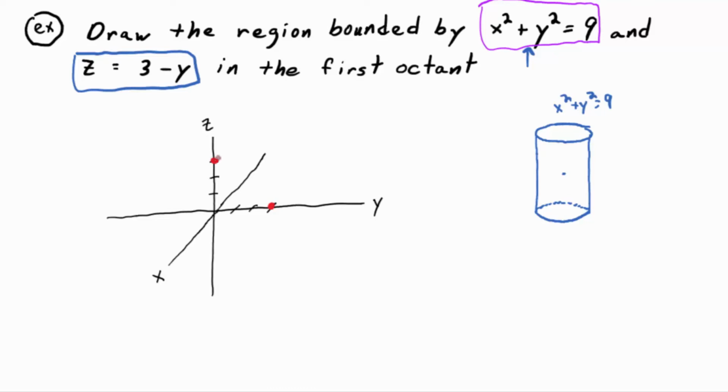Now, since I'm going to stay in the first octant, I'm just going to graph this line segment and not go any further. Now, what variable is missing? X. So I'm going to translate, that's a generating line right there. So you can think of z equals 3 minus y as a cylinder with a generating curve that's a line. And I'm going to translate that generating curve parallel with the x-axis into the first octant, because that's what we're interested in.